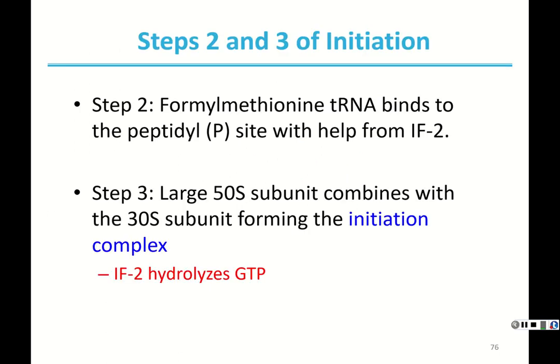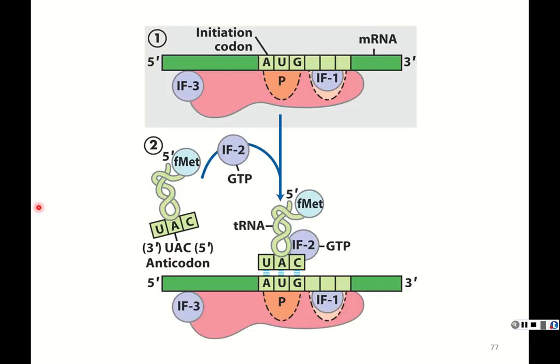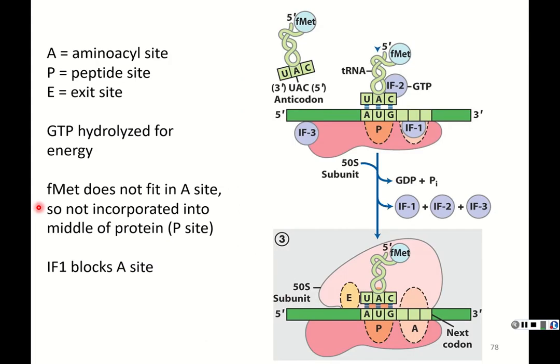Okay, so step 2 of initiation, you have that formyl methionine tRNA binding in the P site with help from IF2, and then step 3 is when the large 50S subunit combines with the 30S subunit, forming the initiation complex. To do that, IF2 hydrolyzes GTP. Again, shown here in some more detail.